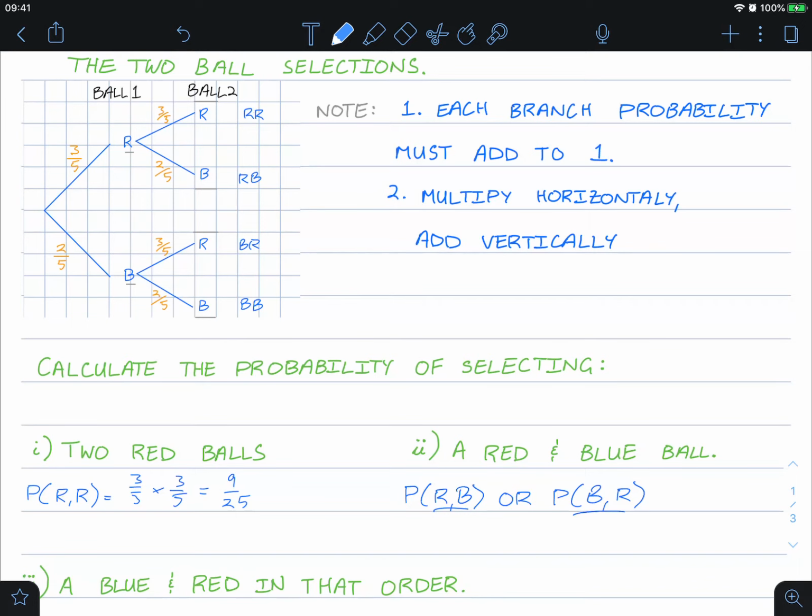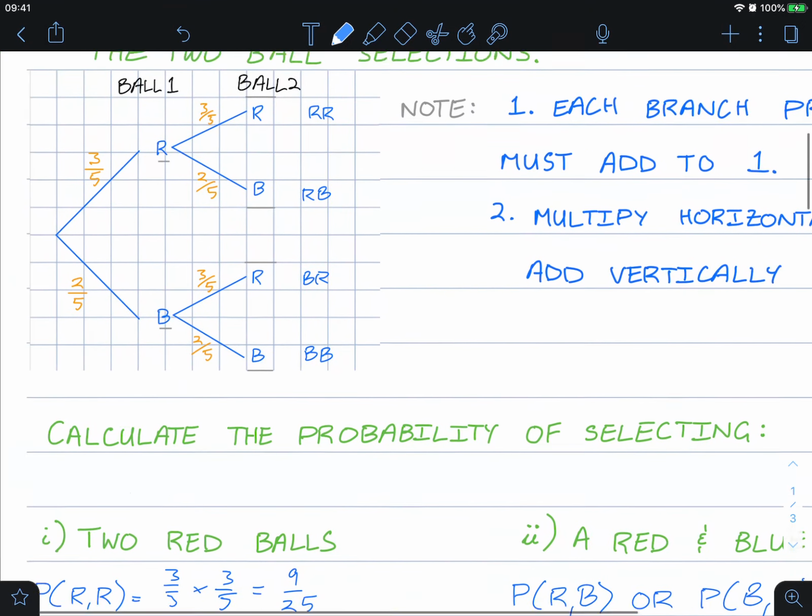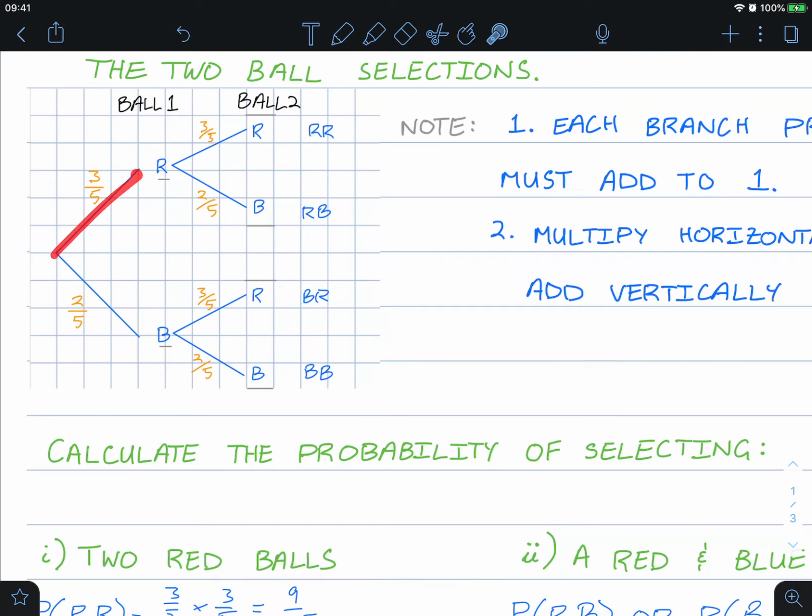So let's find both of them and let's add. So red, blue, that's 3 out of 5 times 2 out of 5. So 3 out of 5 times 2 out of 5, that's 6 out of 25. Just multiplying 3 out of 5, this path, times 2 out of 5, this path. So there's our total there.